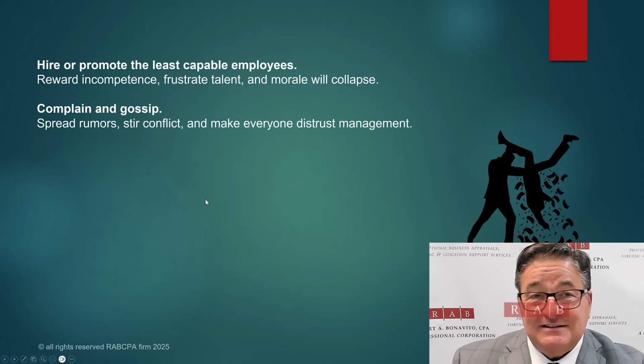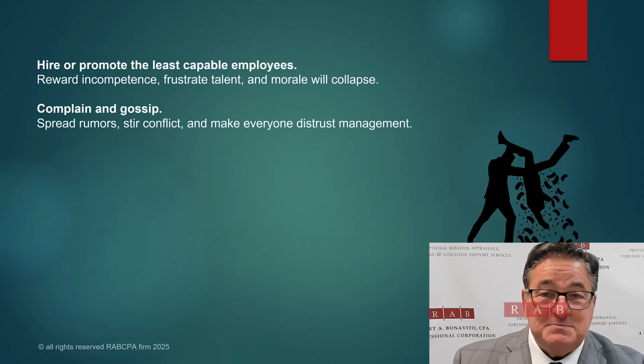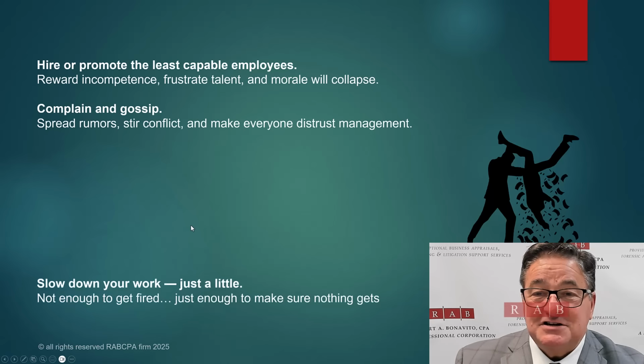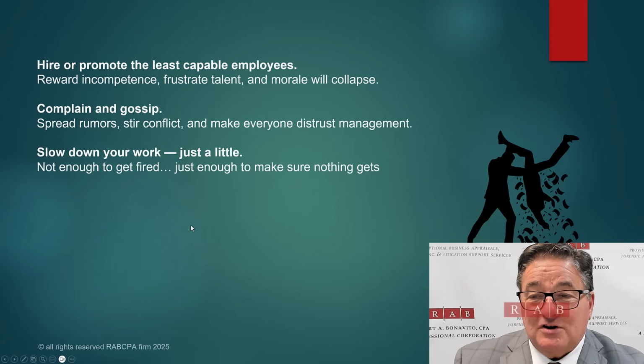Complaining and gossip, right? We all have that around the water cooler. Because I go into thousands and thousands of companies, I can spot this stuff right away, and every time I read one of these, I'm thinking of 5 or 6 companies. Slow down your work just a little. This is a union tactic.